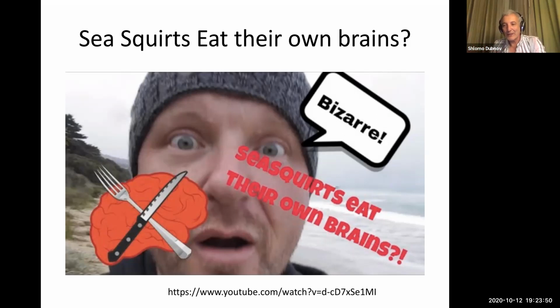Why does it destroy part of its model, parts of its nervous system, in order to fulfill this homeostasis? It's almost like going in the opposite direction.